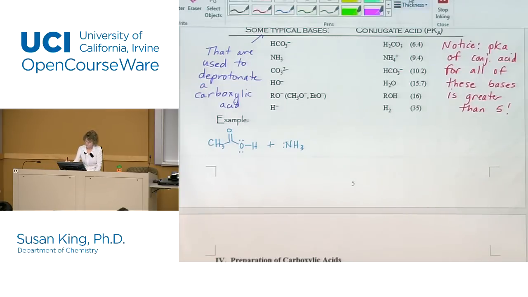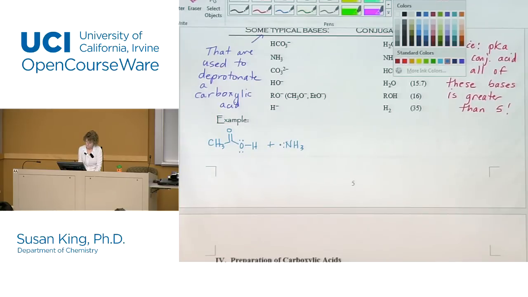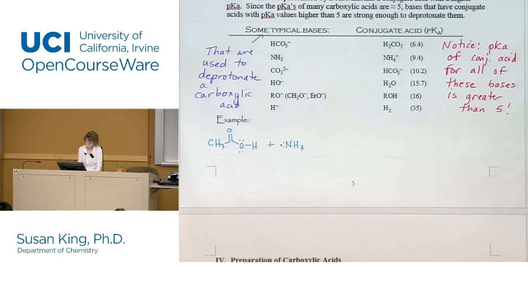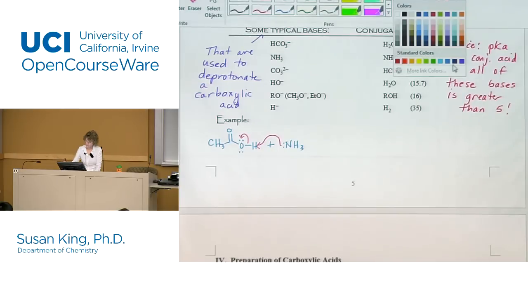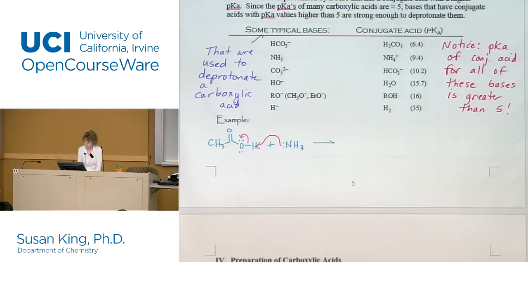Let's do arrow pushing. Let's finish writing out the acid-base equilibrium, and then we'll note the direction of the equilibrium. So here's our carboxylate. Our conjugate acid is ammonium ion.